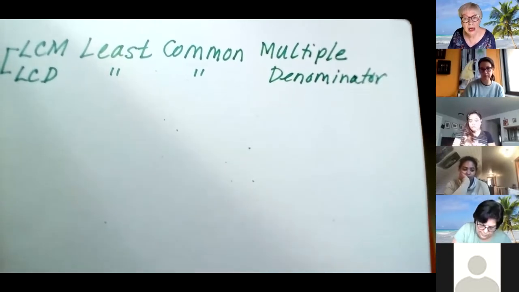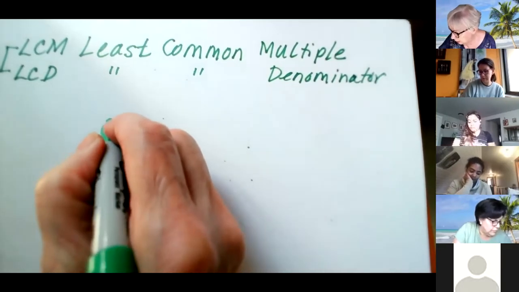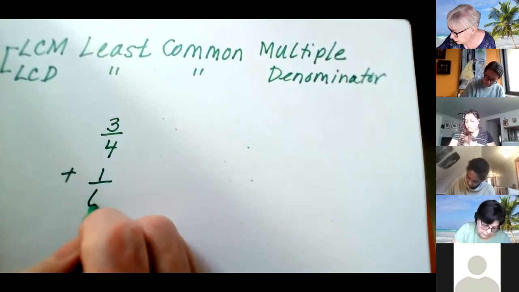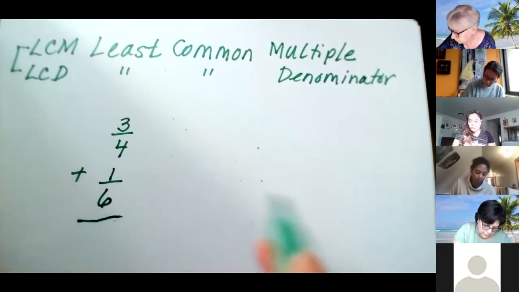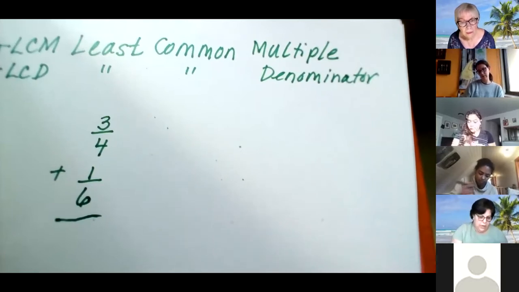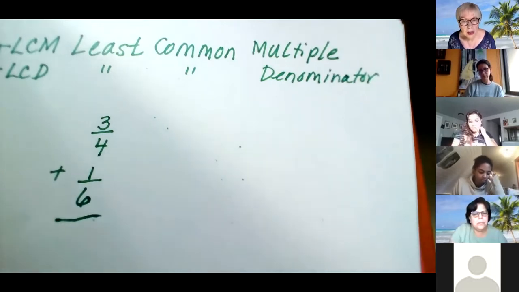And so I want to show you another problem. 3/4 plus 1/6. Now, in the very beginning of this chapter, they don't expect you to add it. They just expect you to find the lowest common denominator or the least common multiple.